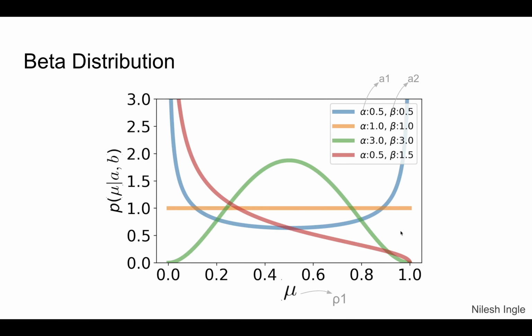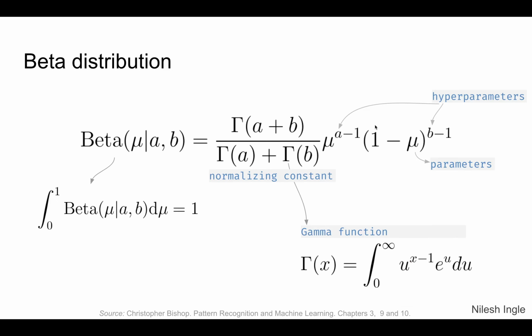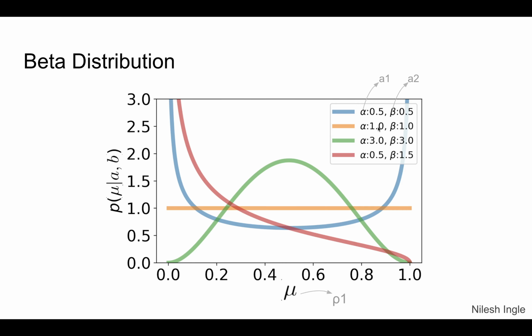And this is how the distribution looks. We have the parameter mu on the x-axis and the probability values on the y-axis, and we can see that when the values of the parameters alpha and beta, which are a and b here, are 1, then we get a horizontal line.